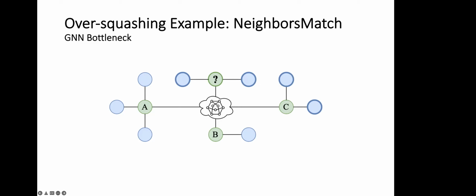So the label for this target node should be C. Since the model must propagate information from all green nodes before predicting the label of the target node, we can see a bottleneck at the target node is inevitable. This bottleneck causes oversquashing, which can prevent the model from fitting the training data perfectly.